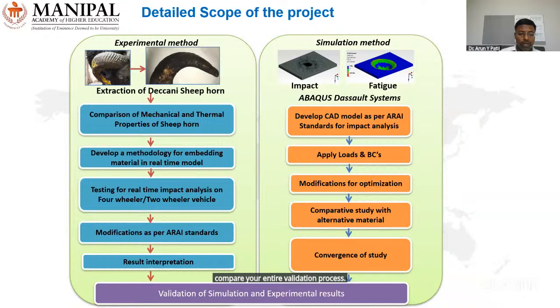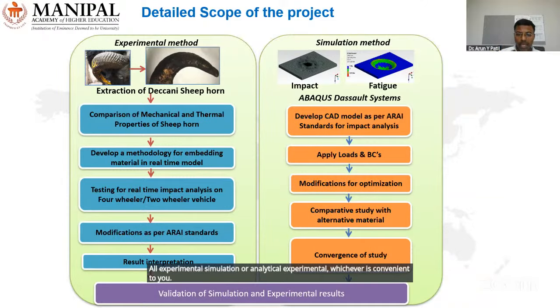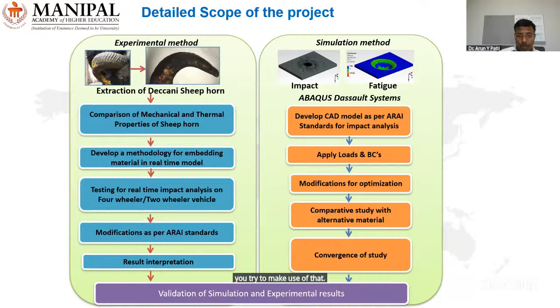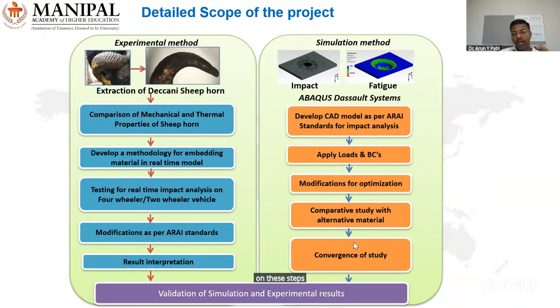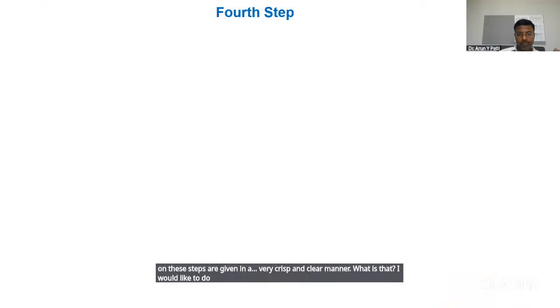So either simulation and analytical, or experimental and simulation, or analytical and experimental, whichever is convenient to you, you try to make use of that. And it should be explicitly, clearly mentioned. So you can see here all these steps are given in a very crisp and clear manner. What is that I would like to do?